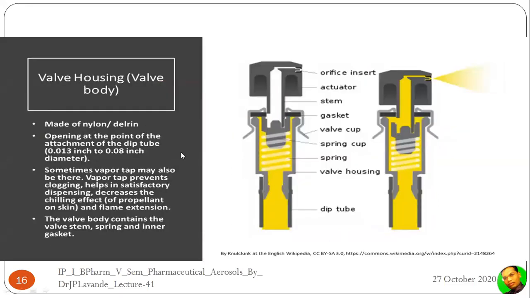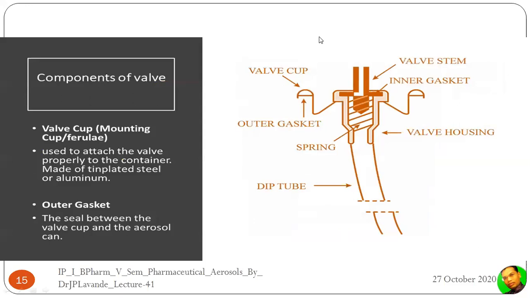If we see the components of the valve, you can see there is a valve cup, this particular assembly is said to be the valve cup. Then there is an outer gasket, which is fitted over the container. Then there is a spring, a dip tube, a valve housing, an inner gasket, and the valve stem.